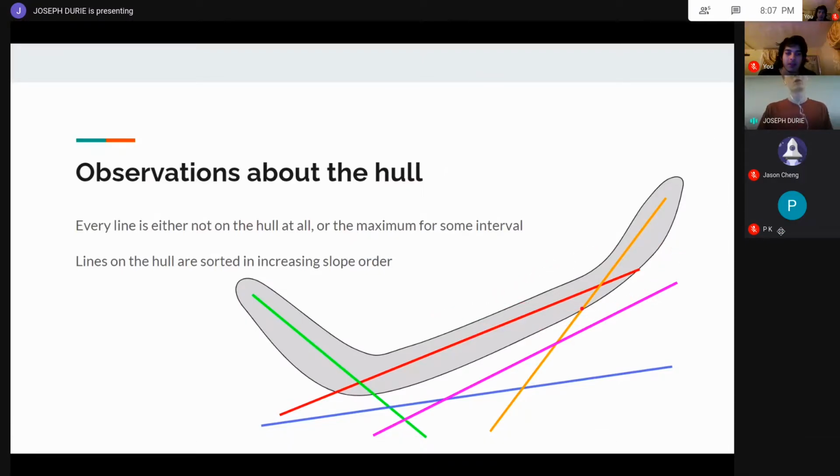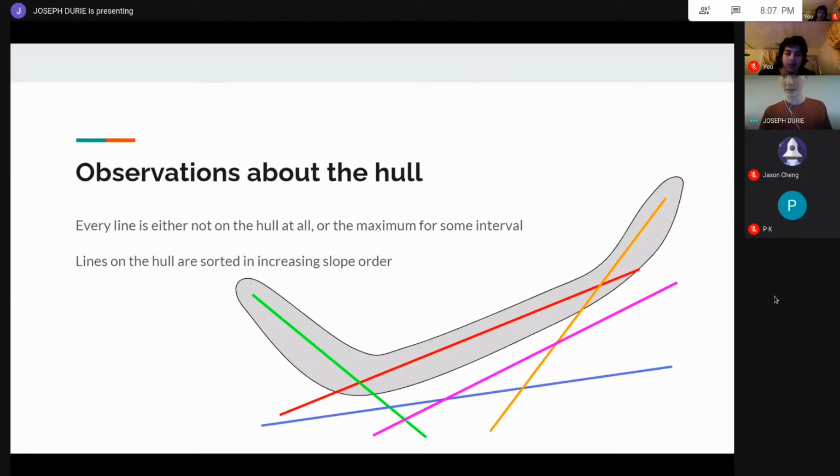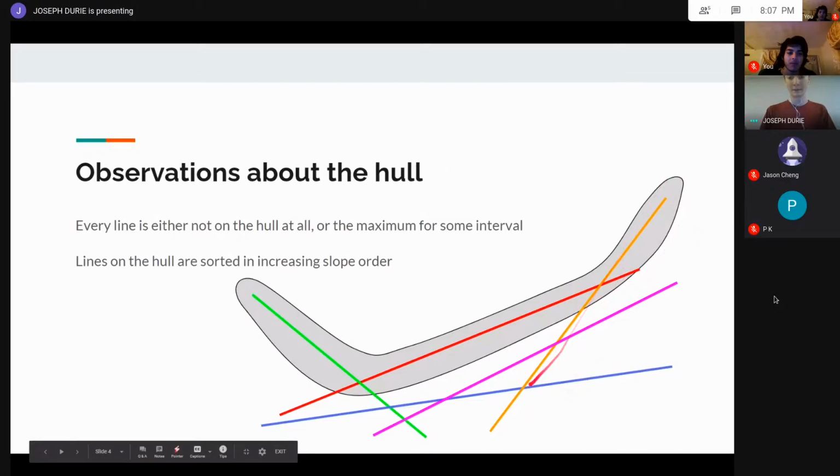And you'll have one line that goes off to negative infinity, one line that goes off to infinity, but those are still intervals. Another thing is that your lines on the hull are going to be sorted in increasing slope order. So this line has some negative slope, then this line has a smaller positive slope, and then you go up to a bigger positive slope here. Any questions about this structure so far?